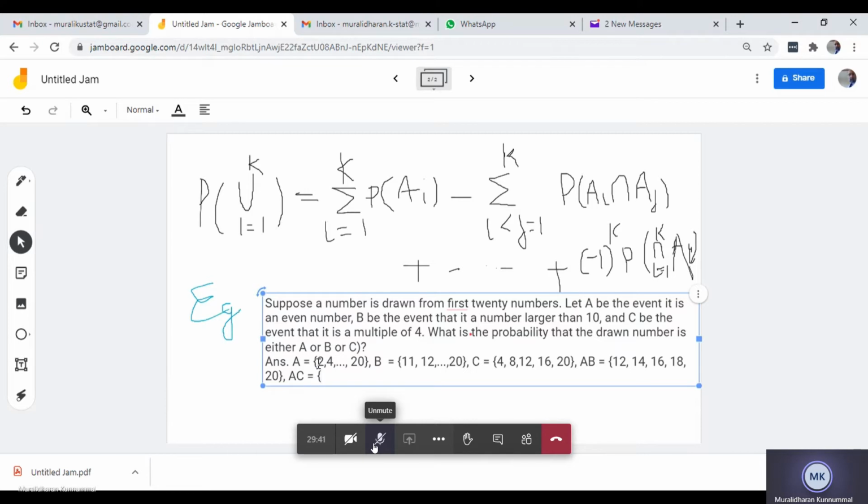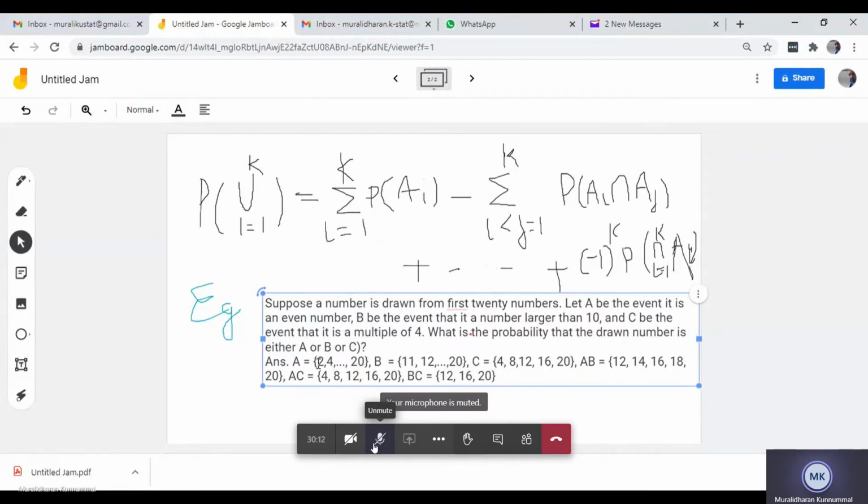What is A intersection C? 4, 8, 12, 16, 20. What is B intersection C? 12, 16, 20.